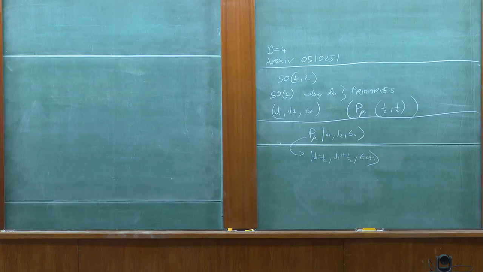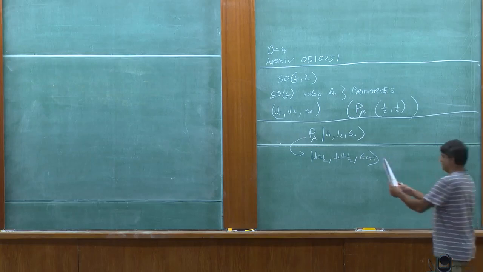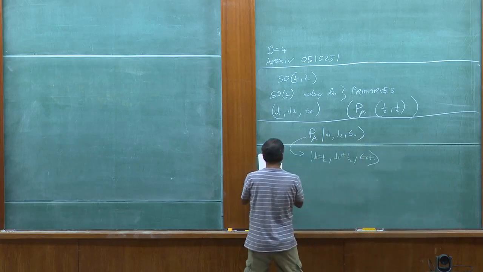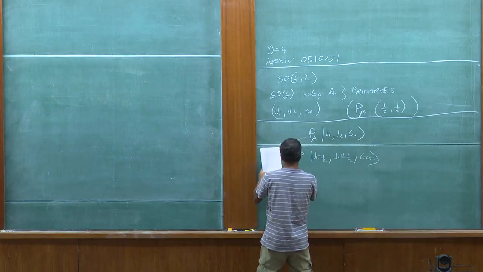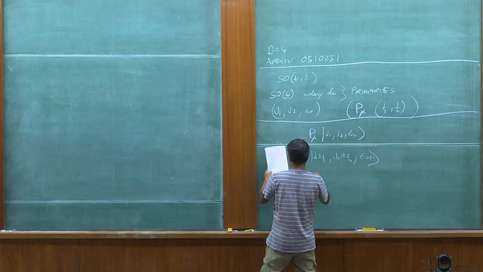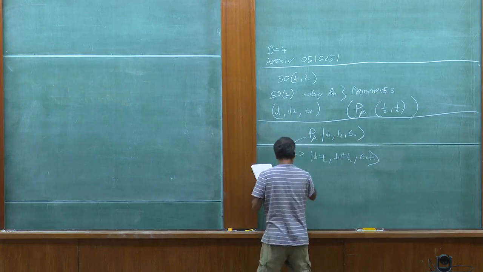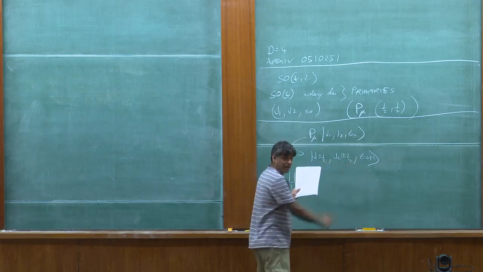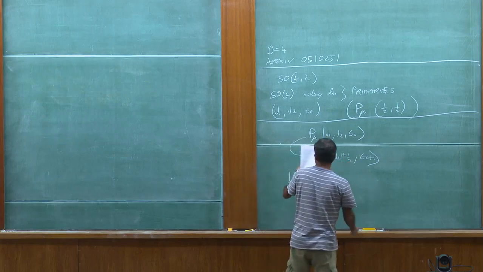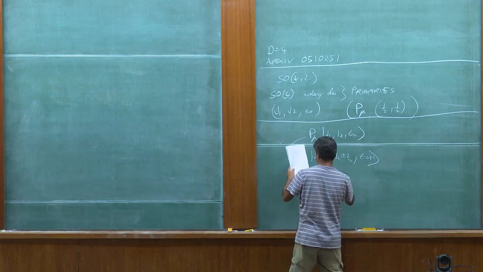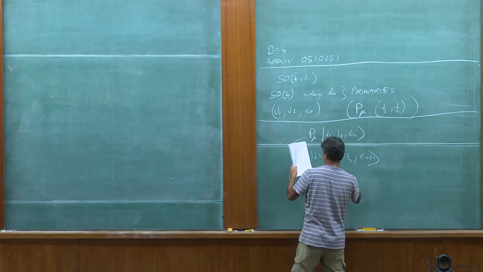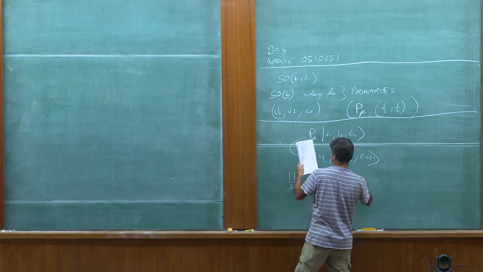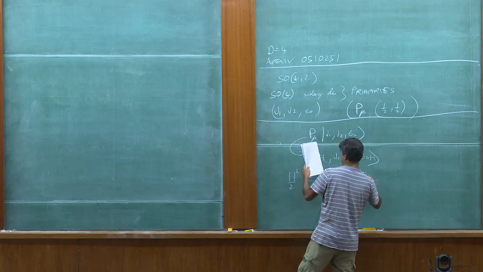When you compute the norms of the states, in fact, as in the paper, the norm squared is given by epsilon naught minus J1 minus 1 plus delta.